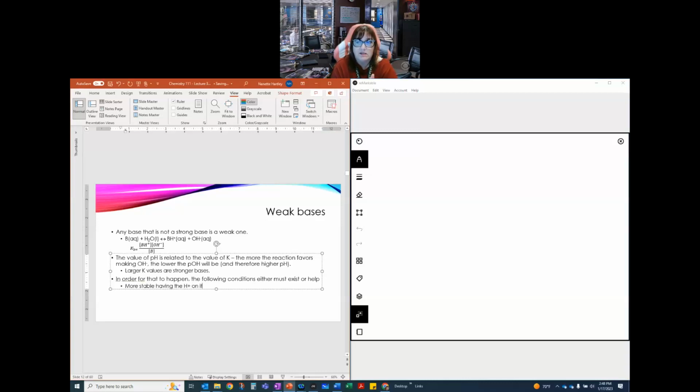So if our base is in a situation where it's highly reactive, like NH3, it can be more favorable to have that H plus. Now, it's not perfect, but it can be more favorable to have that on it.